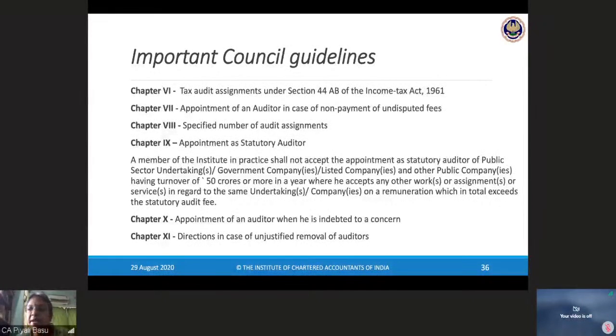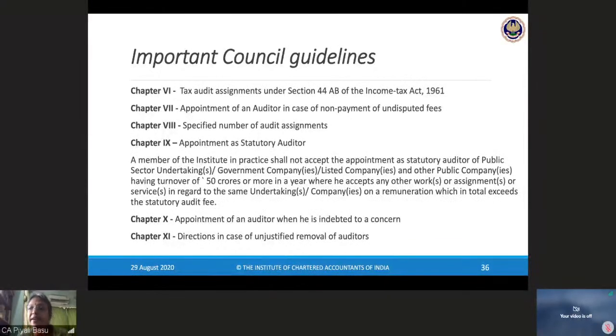How many can one partner take? That is given, and this is guided by the Companies Act 2013, section 141. A partner can have not more than 20 audits per year.